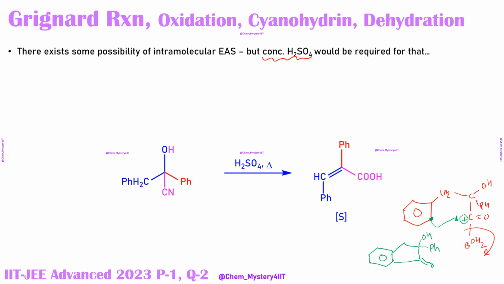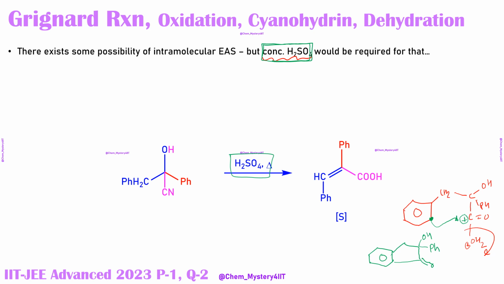We are ruling this possibility out, because for that we would definitely have required concentrated sulfuric acid, which can deprotonate the already acidic carboxylic acid, COOH. Because they had not given it, we will rule out that possibility.